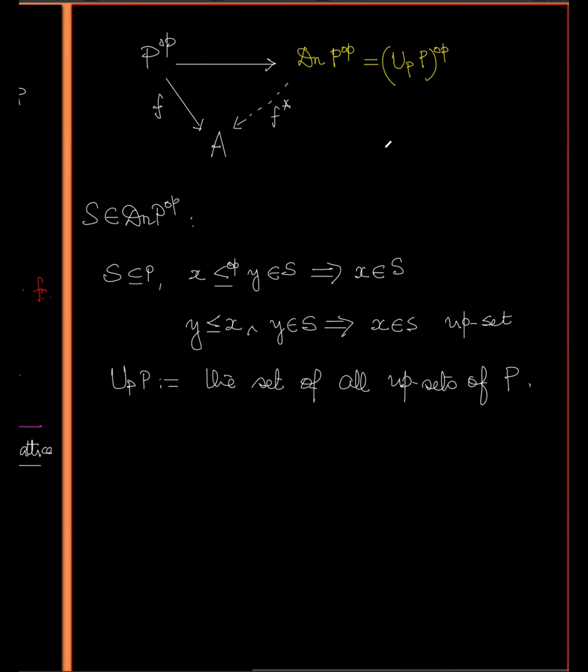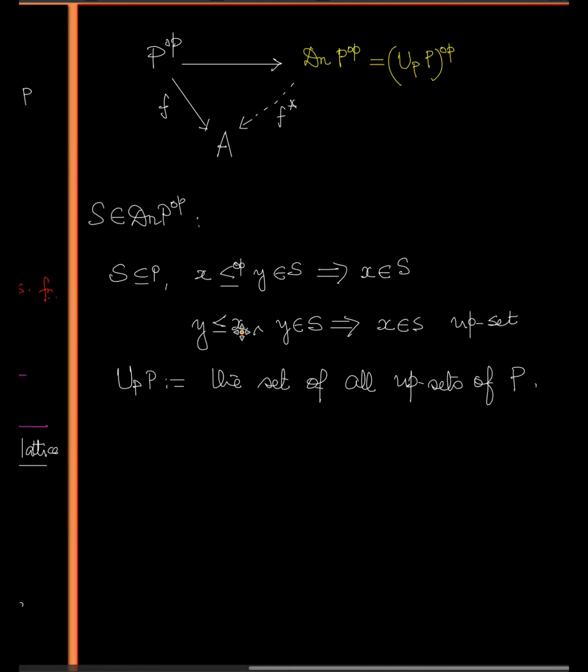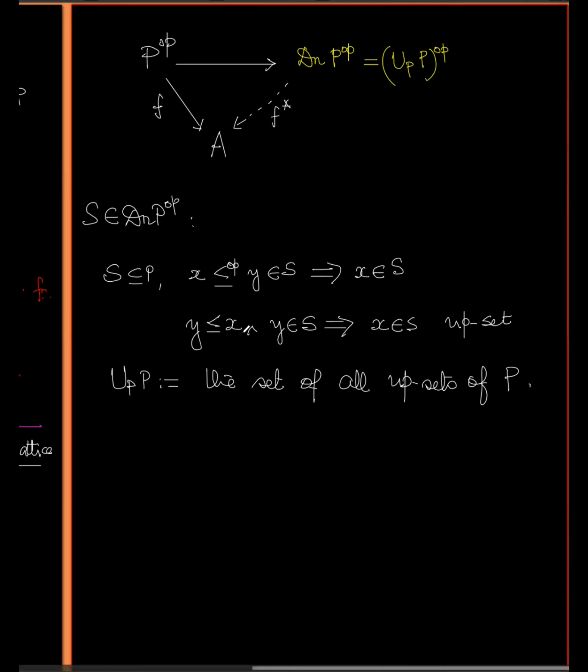And then in place of, sorry, not here exactly. So this is my upsets of P, and over here, what is this map? What is this map? So let's write like this in the opposite.